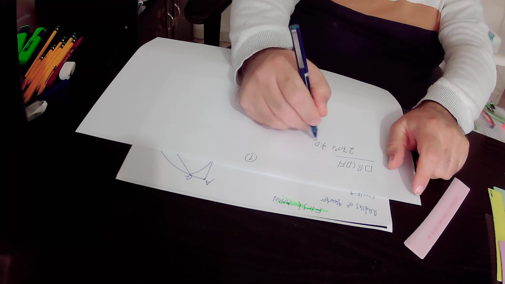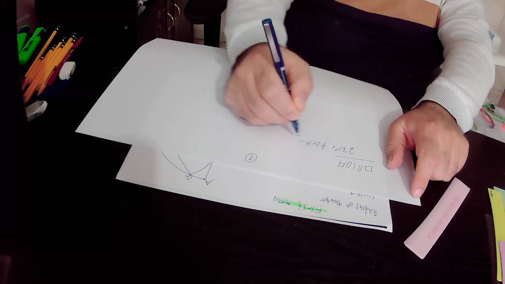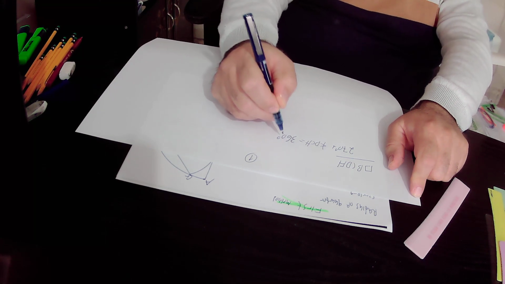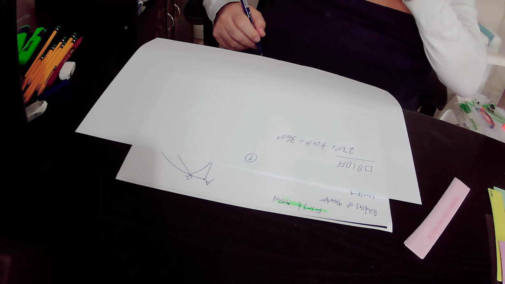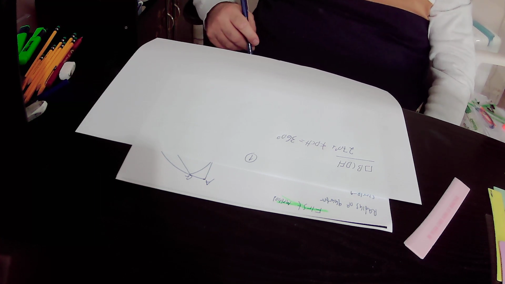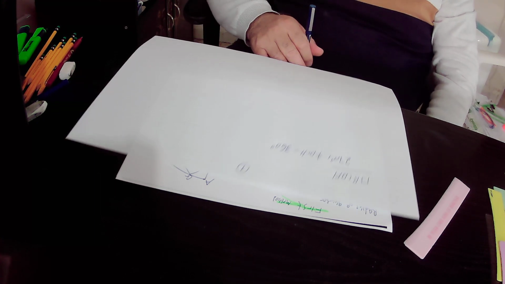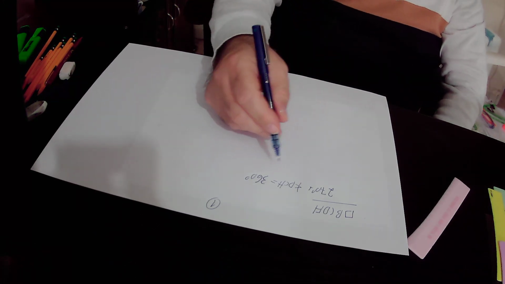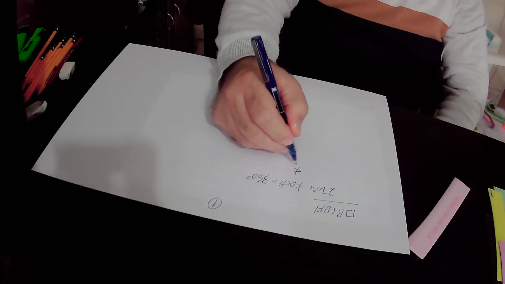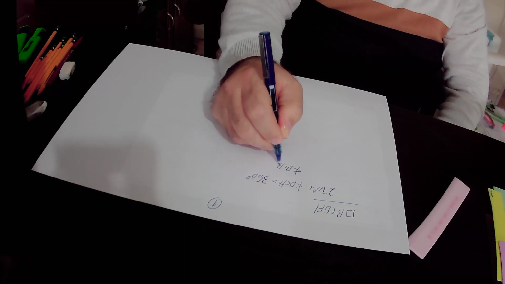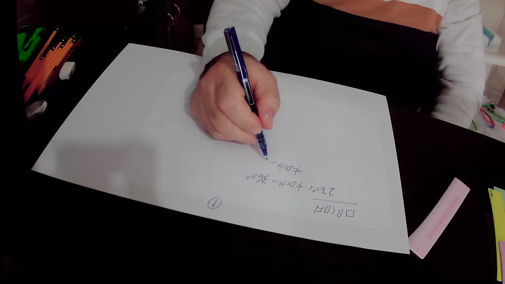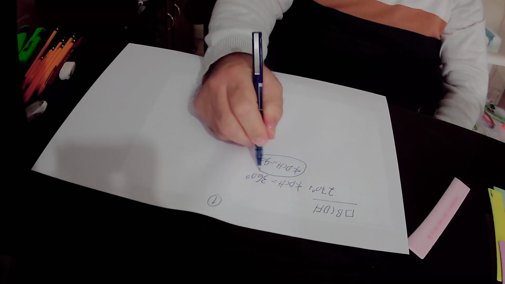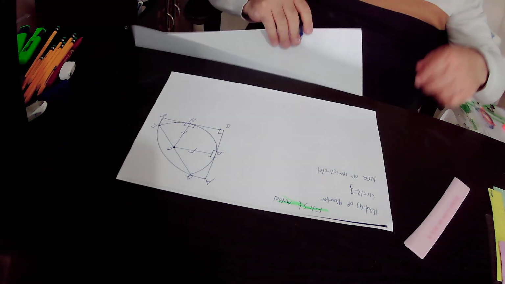In total, the sum of those four angles must be equal to 360 degrees, according to the rule that the sum of the angles in any quadrilateral is equal to 360 degrees. We'll subtract 270 degrees, and we'll get that the missing angle DCH is equal to 360 degrees minus 270 degrees, which is 90 degrees. So we found that the missing angle equals 90 degrees, it is a right angle.